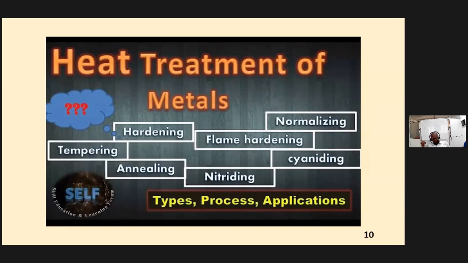So chemical treatment, flame hardening, normalizing, hardening, tempering, annealing, nitriding, cyaniding: types, processes and applications are available. There are so many heat treatment processes being practiced in different factories, and they utilize them based on their requirements.